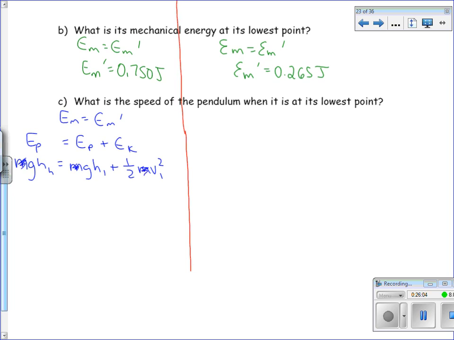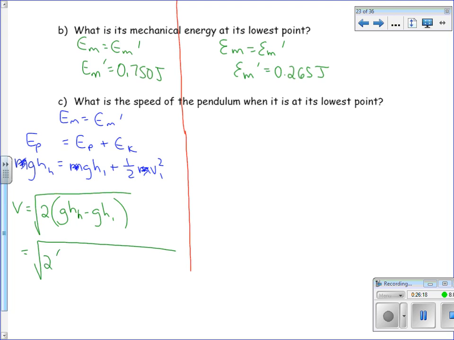And to find velocity, we're going to go gh at the highest point minus gh at the lowest point, times that by 2, and then take the square root. And we get a speed of 1.08 meters per second when we do that.